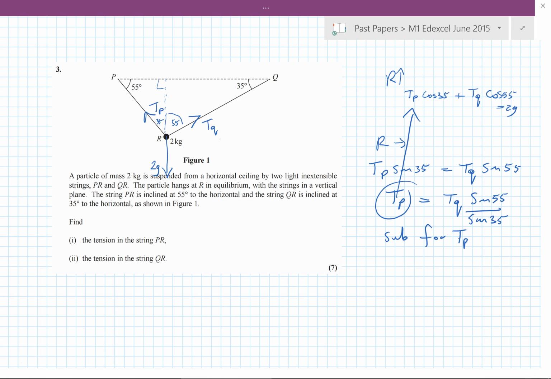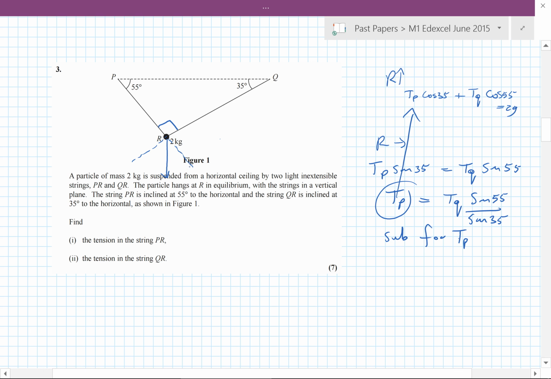But for this question, because the two forces are at right angles to each other, there is a neater, quicker way of doing it. We can see they're at right angles because these two add up to 90. We can resolve along any two perpendicular directions.